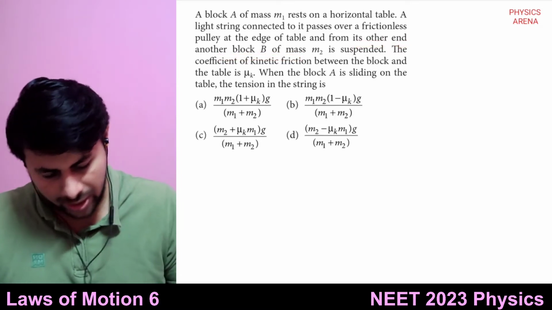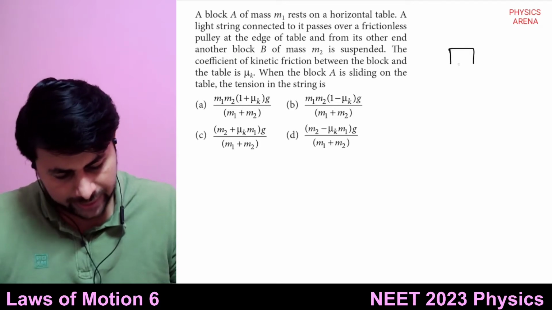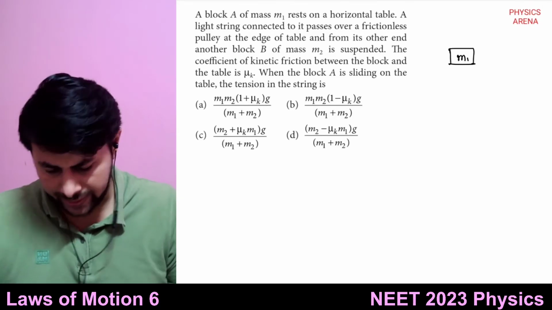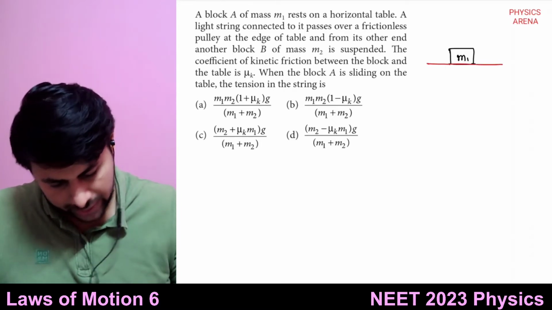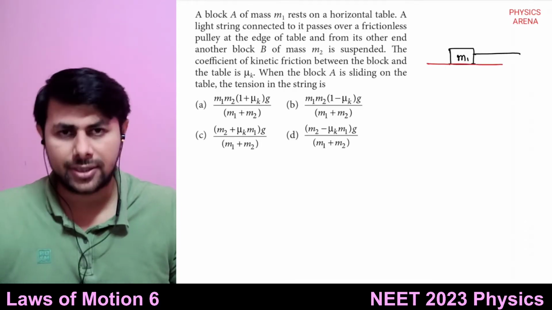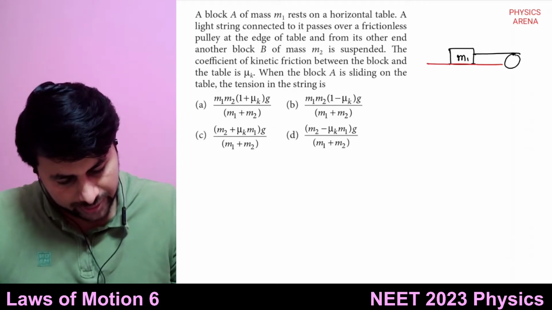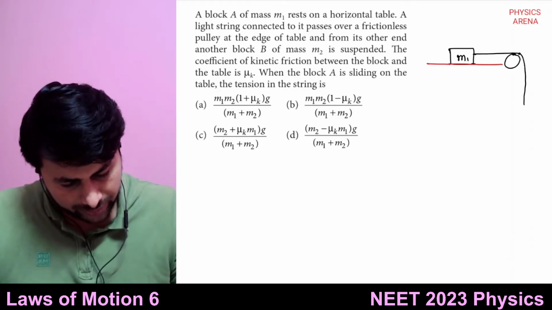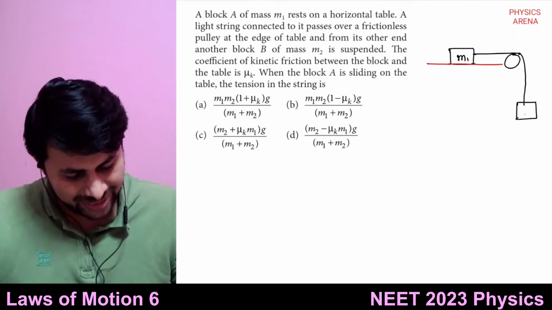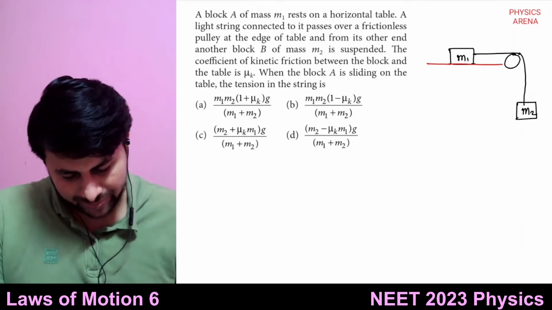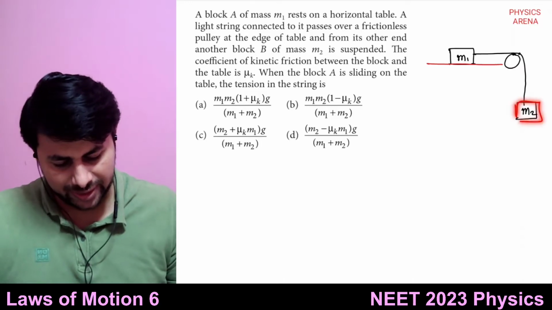So there is a block of mass m1 resting on a horizontal table. Connected to it is a string which passes over this pulley, and from that string, another mass, m2, is connected. It is suspended, right?